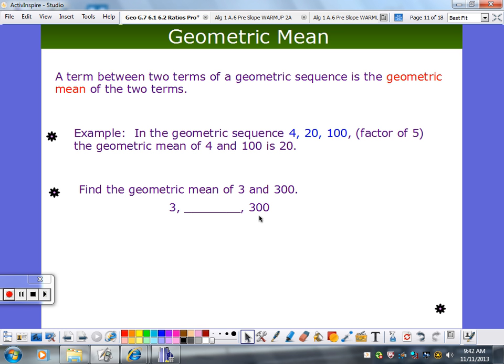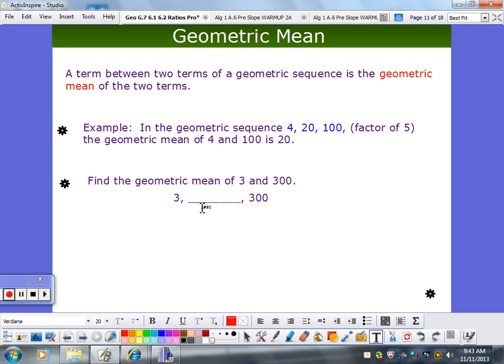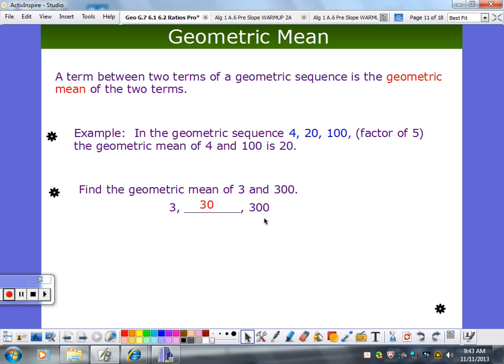Multiply by 10. Does that work? So 3 times 10, let's put in the 30 and see if that works. And then 30 times 10. Does it work?